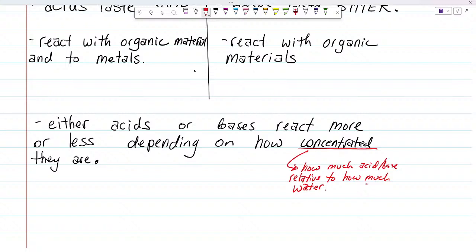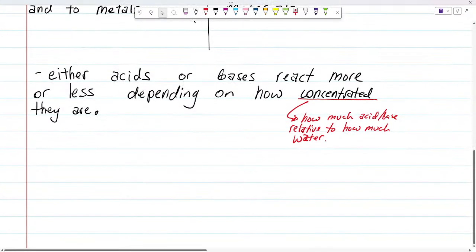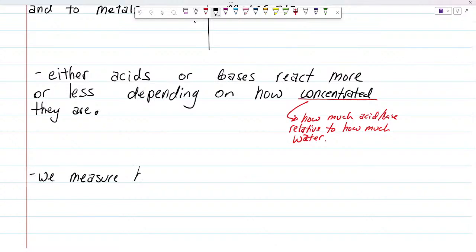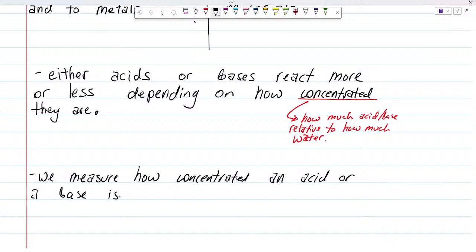But so the point being, concentrated tells you how much stuff there is relative to water. Does that make sense? And we measure how concentrated an acid or a base is on what we call the power of hydrogen scale.